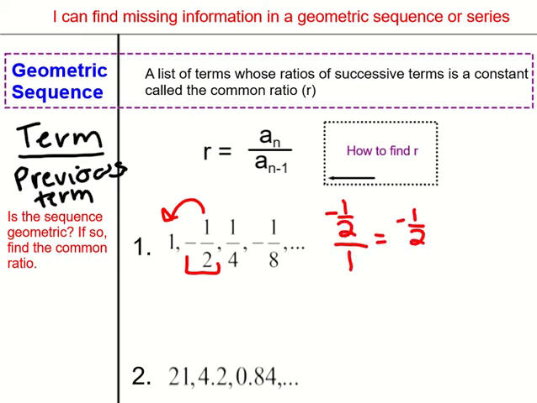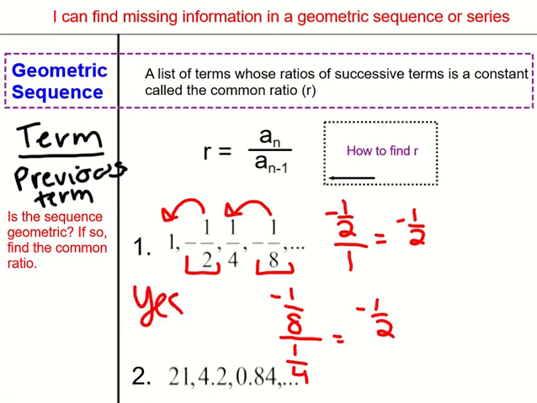Now I can't just assume that's my r, I need to make sure that this is a common ratio between all terms. So I'm also going to take -1/8 and divide that by 1/4, which will in fact give me -1/2 as well. So now, since it's a common ratio, I know, yes, this is a geometric sequence, and my r is -1/2.